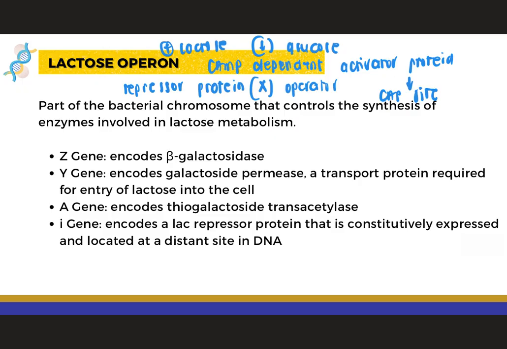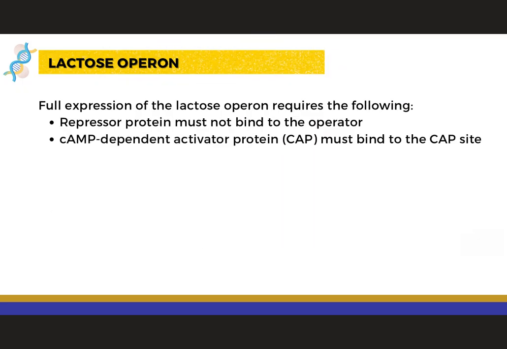Okay? So, if there is no glucose and there is lactose, lactose removes the inhibitor from the operator. So, the lac operon is now turned on. Again, full expression of your lactose operon requires that your repressor protein must not bind to the operator and your cAMP-dependent activator protein must bind to your CAP site.